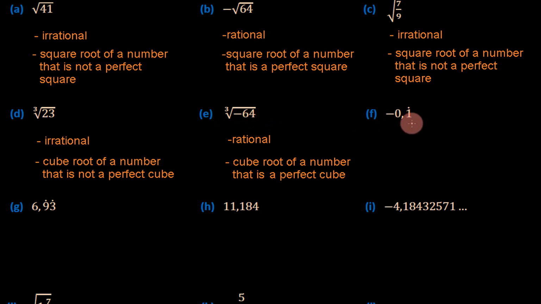Then in F, we have negative 0,1 recurring. So this is a rational number, and the reason is that it's a non-terminating, in other words, it continues forever, but recurring decimal. So there's a pattern after the decimal point or the comma. So 0,111 and so forth.